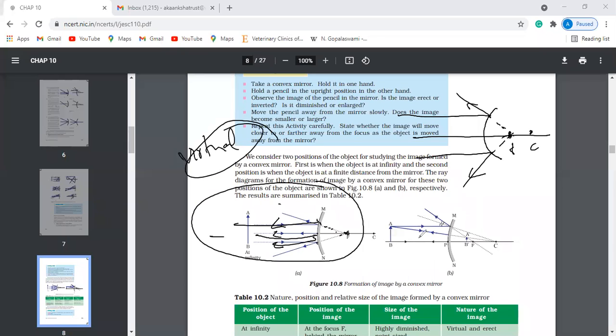Okay, in this case, when you keep it at some point, then also you will get some image here, but it's virtual. You're keeping like this, and one will go at the center of curvature. See, the center of curvature is here. So for example, if any light is incident in the direction of the center of curvature, then it will reflect back like this.